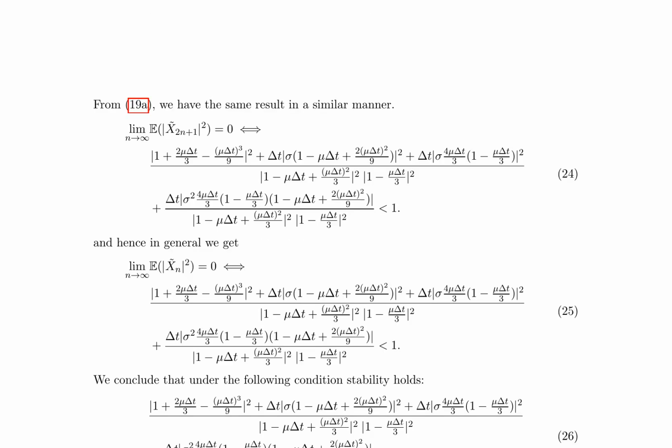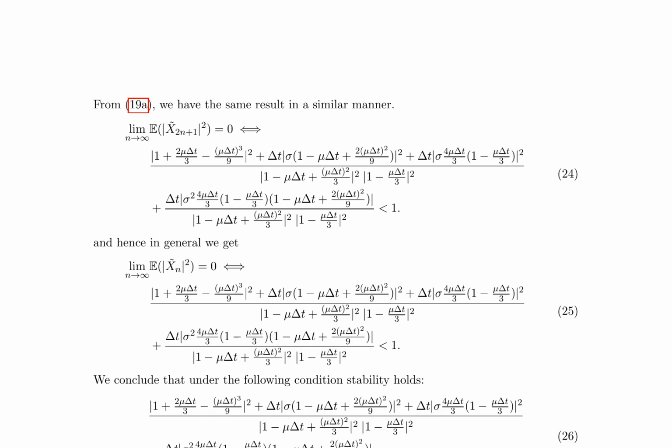The authors derive a condition for stability, which is necessary for the mean square convergence of the proposed method. This stability condition is given by equation 26, involving the parameters mu, delta t, and sigma. A sequence x_n is said to be mean square consistent if the local error satisfies equation 27, where c and p are positive constants.